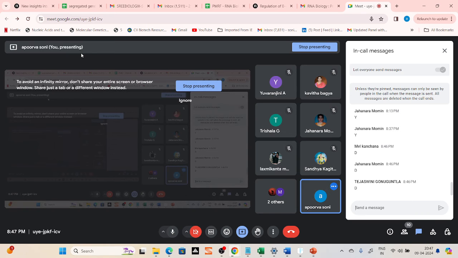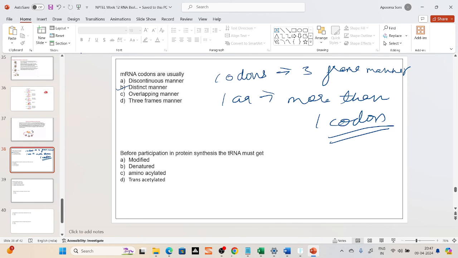Tell me. Yes or no? AUG codes for methionine. Can AUG code for any other amino acid also? No. So codons are very distinct in their function.